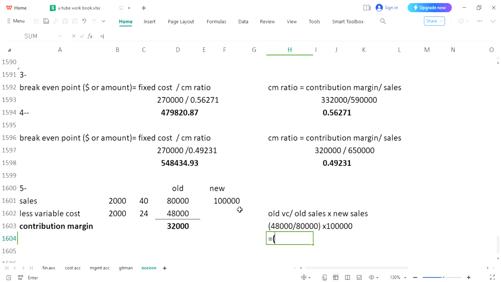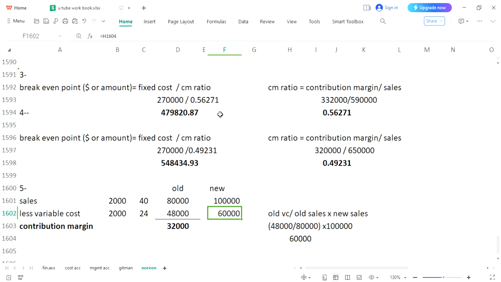We can put it on calculator. 48,000 divided by 80,000, multiplied by 1 lakh. Okay, we have got our new variable cost. New variable cost was calculated 60,000, highlighting over here, and same amount would be put over here.